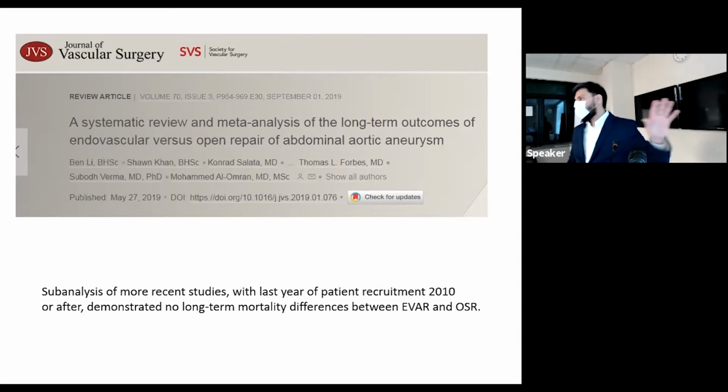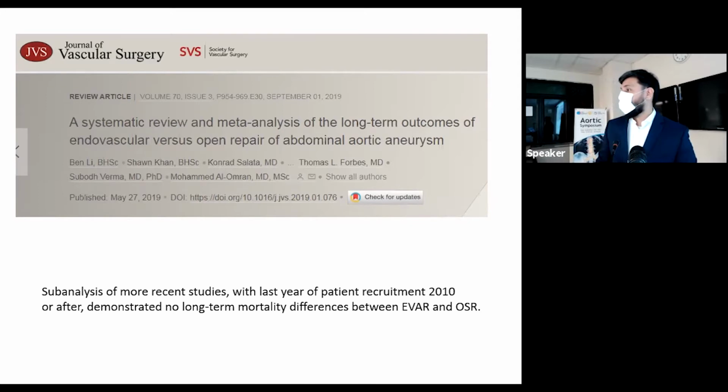But they suggested that maybe in the long term, all-cause mortality is a bit higher in EVAR than open. However, they also made a very astute observation: the sub-analysis of more recent studies, within the last year of patient recruitment or after, demonstrated no long-term mortality differences between EVAR and open surgical repair. So I think it has to be a more nuanced look at this, and we have to take all those things into account.